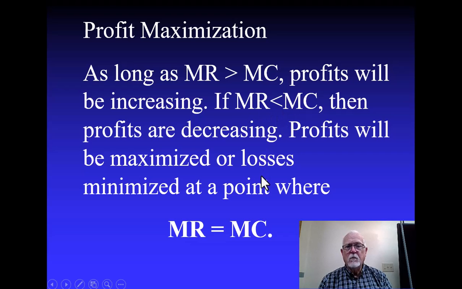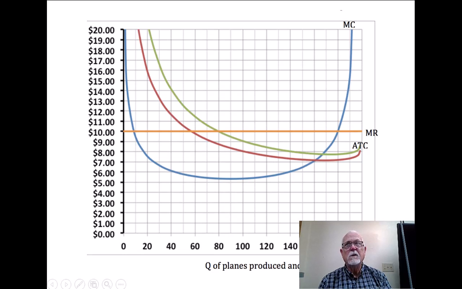And so the only possible combination of marginal revenue and marginal cost where profits are maximized or losses minimized is where marginal revenue equals marginal cost. Now, this is critical for the rest of the semester that you get this down. Marginal revenue equals marginal cost is where profits are maximized. So on a graph, we've got the marginal revenue curve. Remember, it's flat. This is the short run.